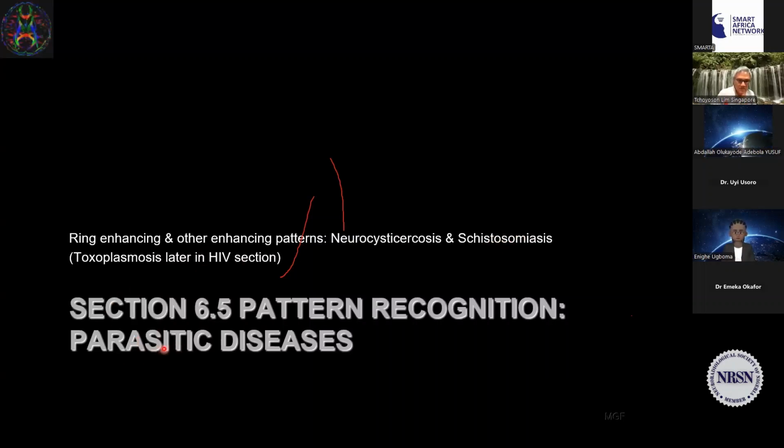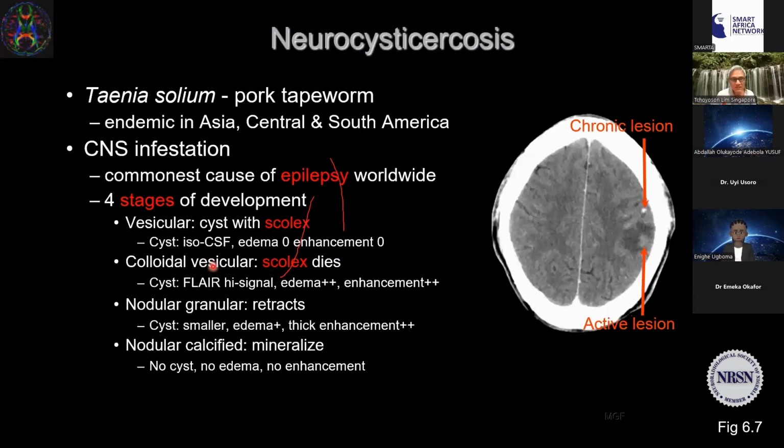Among the parasitic diseases, we will cover toxoplasmosis later in the HIV section. So, the life cycle of the pork tapeworm, which is endemic in many parts of Asia and the Americas. I'm not sure whether you see much of it in Africa.